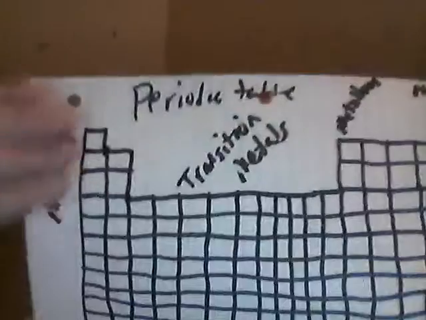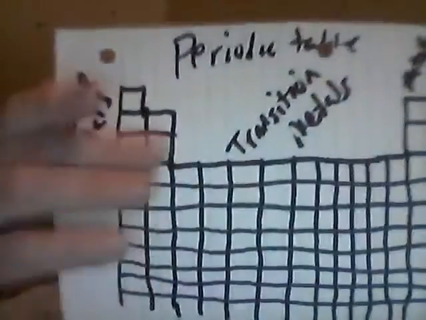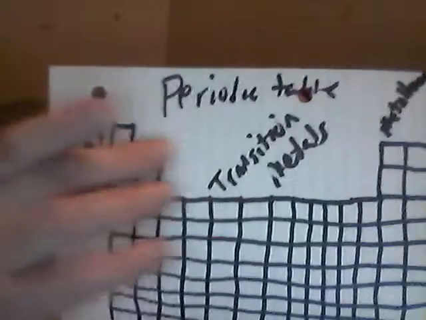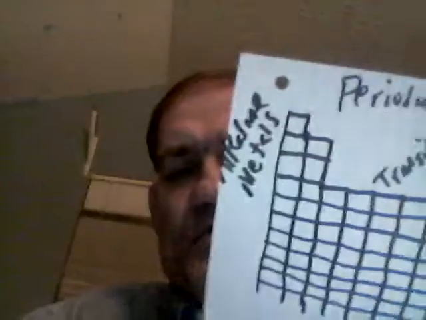Now, the groups here have similar properties. These are groups. These have similar properties, okay? The rows, these rows right here, are the number of energy levels on each atom. You've got the nucleus, and then you have an energy level, and an energy level, and an energy level.